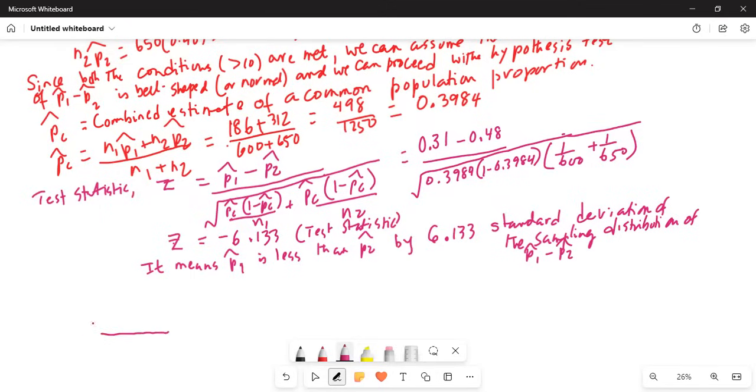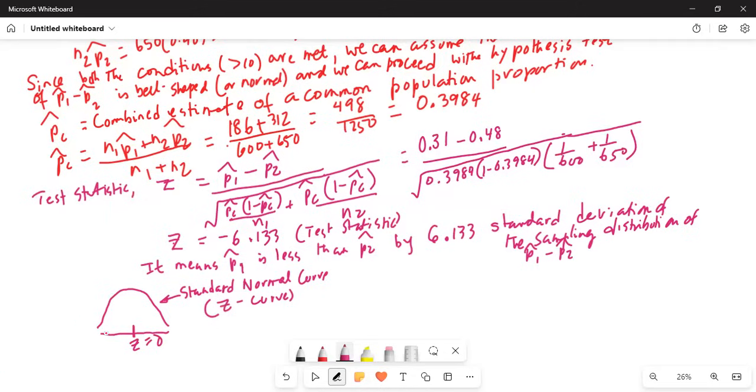This is the Z curve, the standard normal curve. At the center, I have Z equal to 0, where the peak is the highest, right? Now my test statistic is minus 6.133.